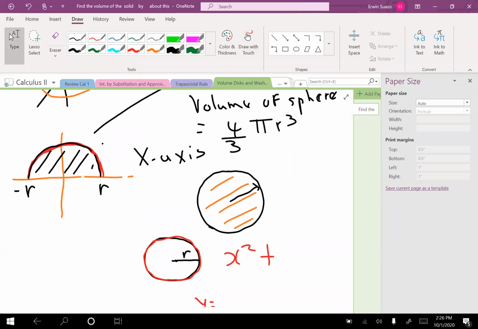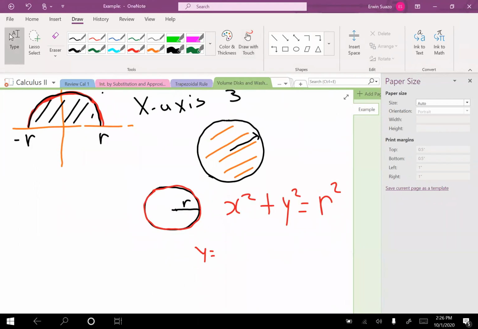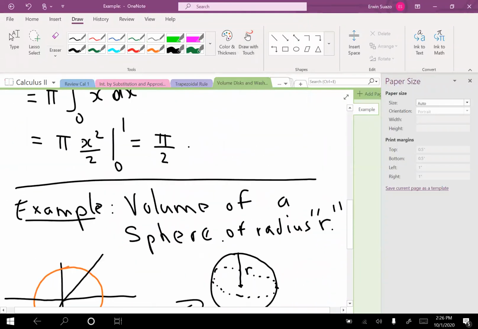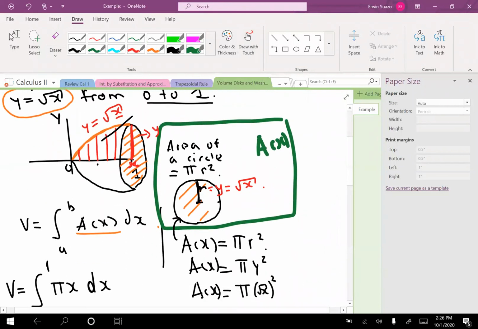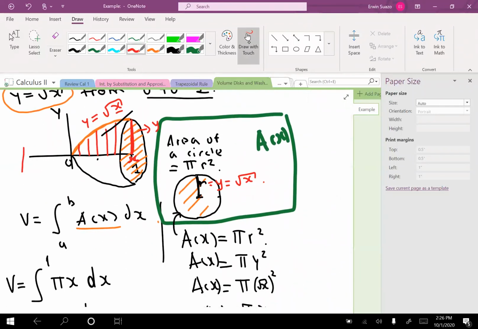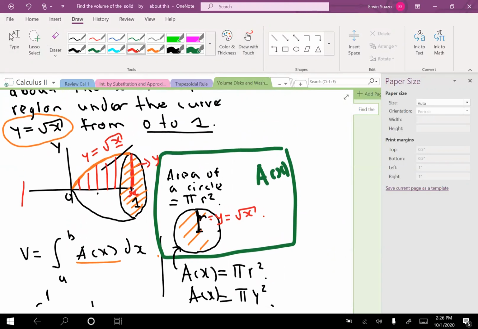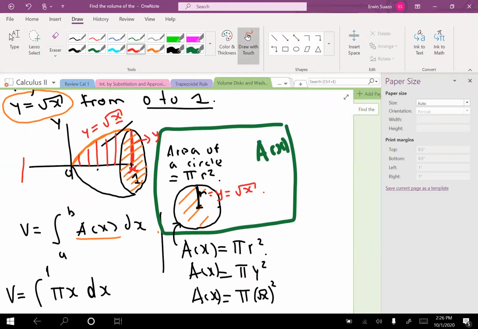X squared plus y squared equals r squared. Okay, this is r. But as in the example before, I need to have this as y equals something. Because that's what I did in the last example, where I had y equals square root of x.